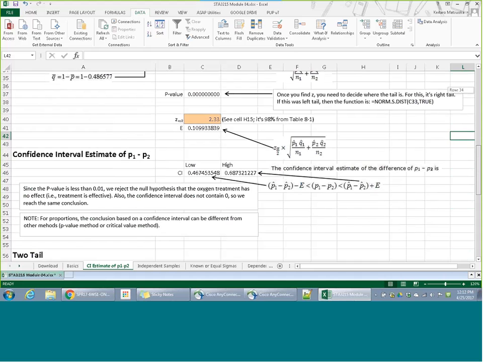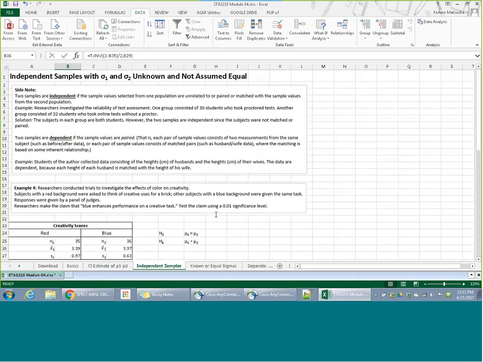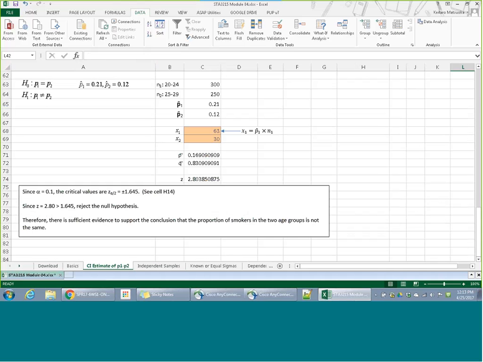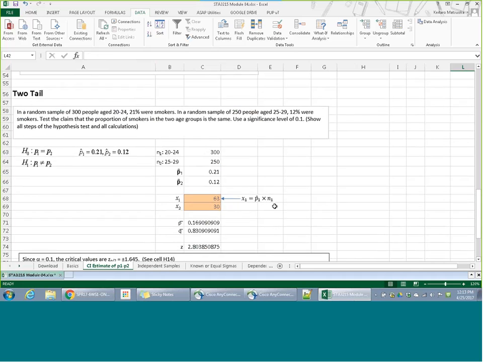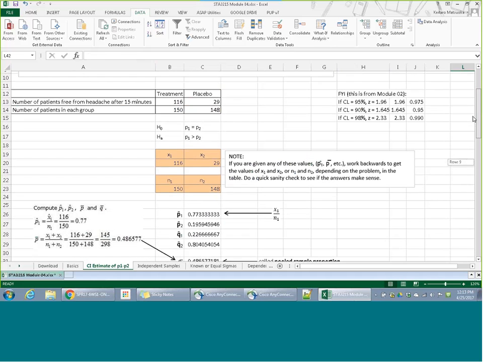But the book says to refer to Table A1, which says that if you're doing one tail with an alpha of 0.01, you use a confidence level of 98% for the confidence interval method. That's why I have 98% here. That's why I'm looking at the 98%.